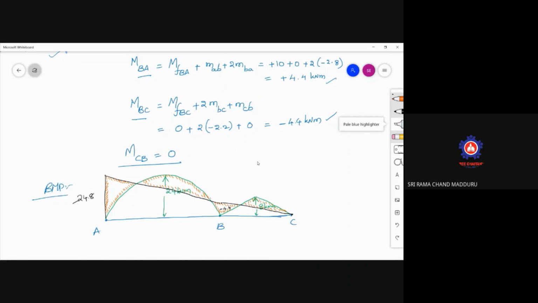And this is negative, positive, negative, positive. So this is our final bending moment diagram for the given continuous beam with support settlement.